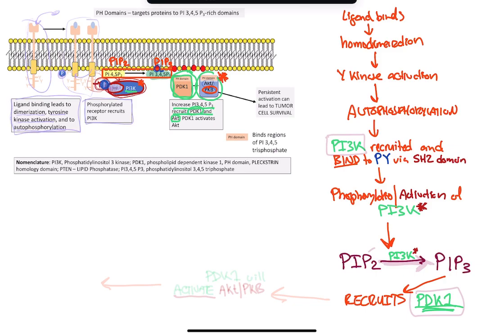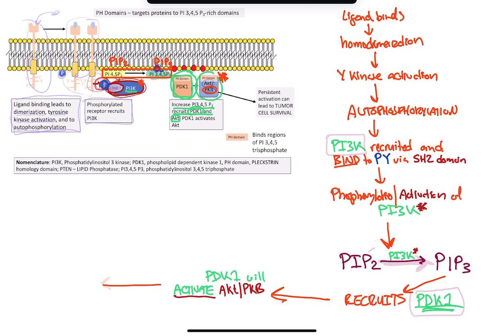And in doing so, that PDK1 will activate AKT, also called PKB, right?